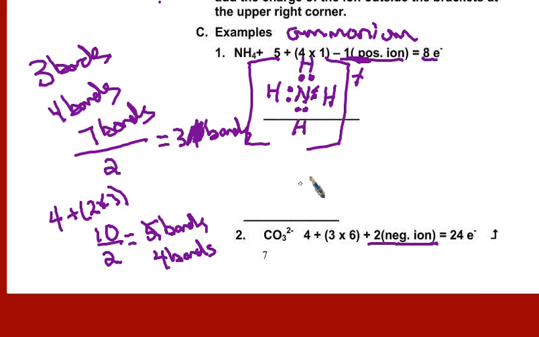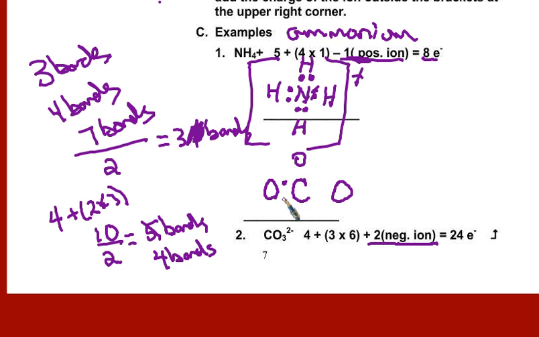So here's what's going to happen. Carbon's going to go in the middle, and we have 3 oxygens around it. Oxygen, oxygen, oxygen, and oxygens will go around the carbon. Carbons are always in the center. Oxygens are rarely in the center.